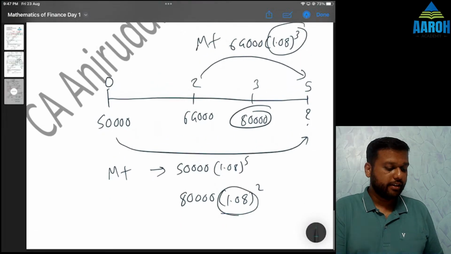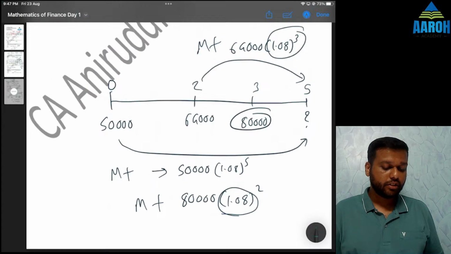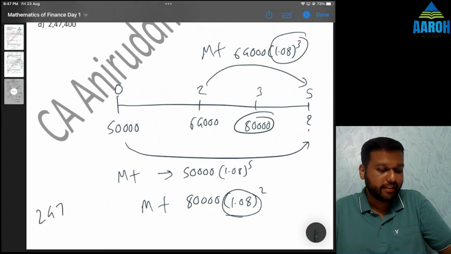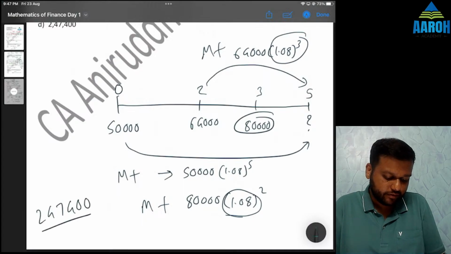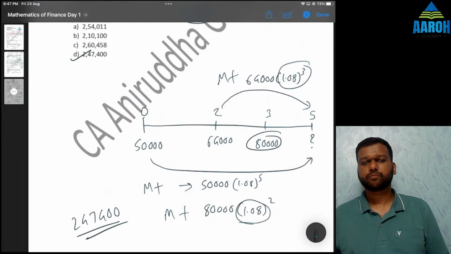Again 1.08 into, 1 time equals, into 80,000, M plus. If you press MRC, you should get your answer as 247,399.9 something, 400. This will be the correct answer, option D.